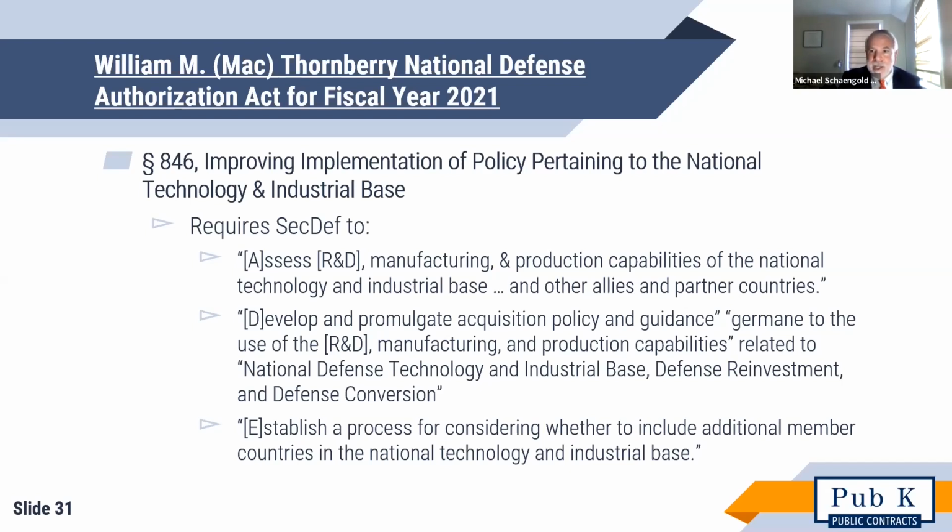So that's giving us a sort of list of our closest allies. This section also requires the Secretary of Defense to establish a process for considering whether to include additional member countries in the national technology and industrial base, that is, to expand it beyond the US, UK, Canada, and Australia.